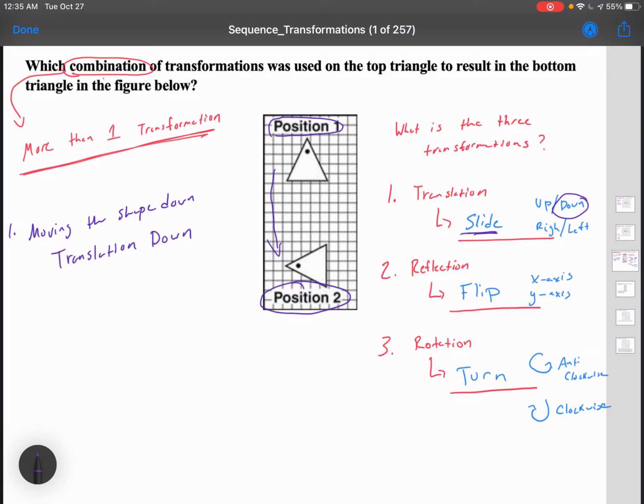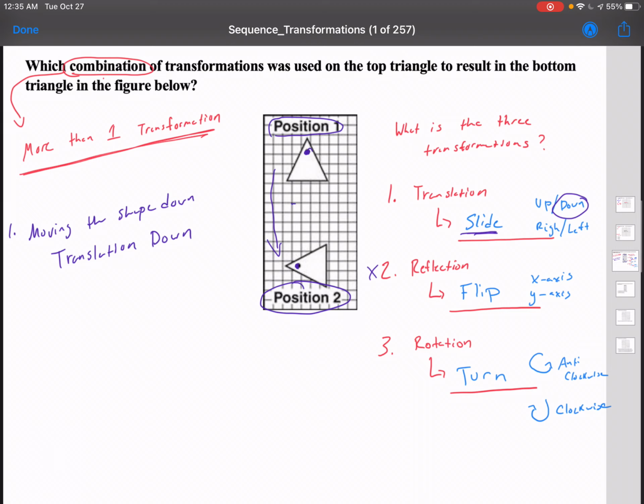Now let's figure out, how did the shape get to where its position is now in position 2? Notice there's a difference between the shapes. We're looking at this little dot right here. How did that dot get pushed to the side like this? Well, did it flip over the X or Y axis? No. There's no reflections happening.